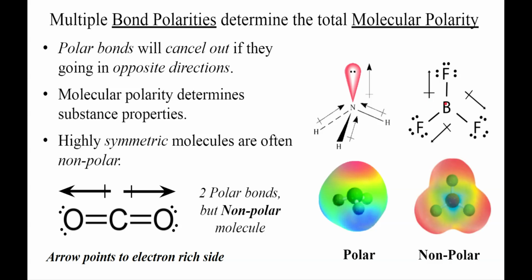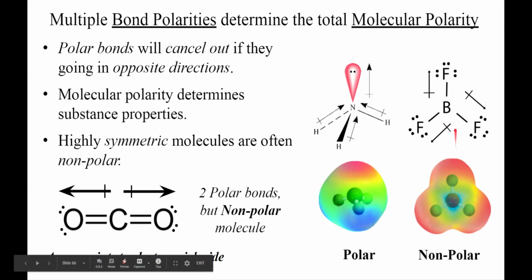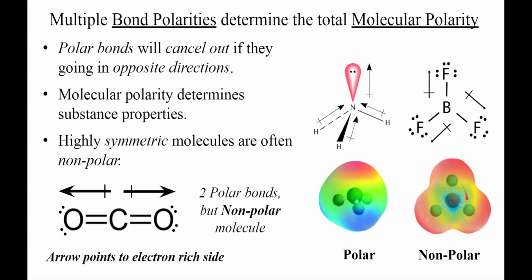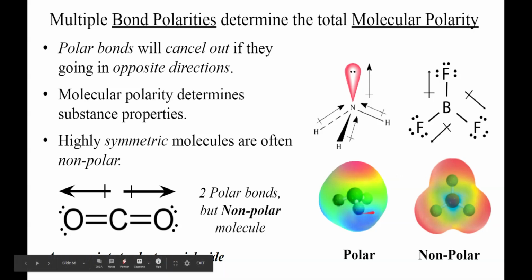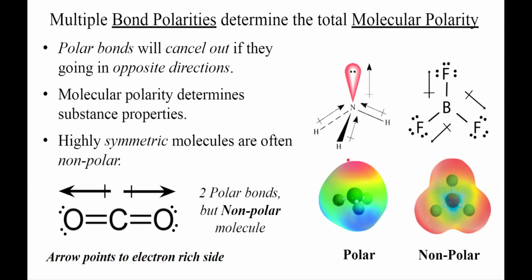Because it's flat, electrons are getting pulled in every opposite direction, 120 degrees, and this is a good picture of nonpolar. There is no one place where electron density has migrated towards, whereas over here it's electronegative and electropositive. So again, in the next couple of chapters we'll need to be able to tell whether it's polar or not.